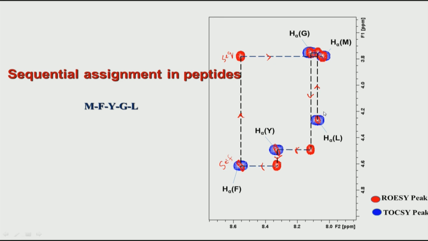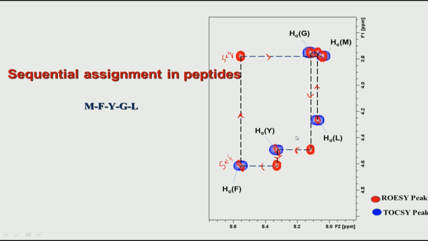By doing that subtraction, we generate a number which we call the secondary shift. Secondary shift is the word given for the value seen in the peptide minus the random coil value for that amino acid. Like that you can generate secondary shift for every amino acid based on the values given in the database.